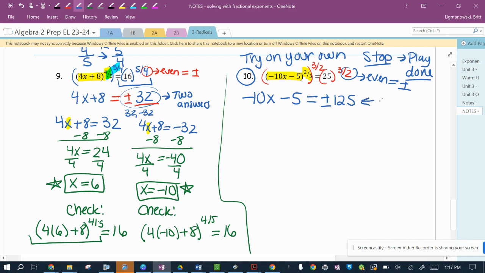Again, this is two answers. So we're going to set up two equations with positivo 125, positive 125, and negativo, negative 125. So we're going to add 5.